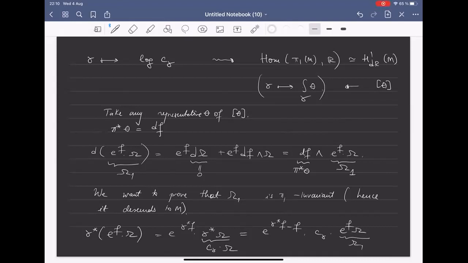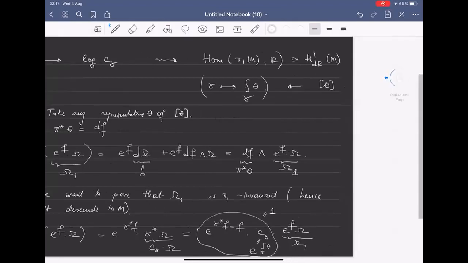And since the constant c of omega was exactly the exponential of the integral of theta along the path gamma, we get that this function here is precisely 1. Therefore, omega 1 is indeed pi 1 invariant and comes from a 1-1 form downstairs.